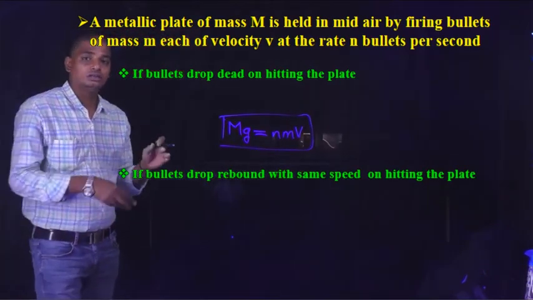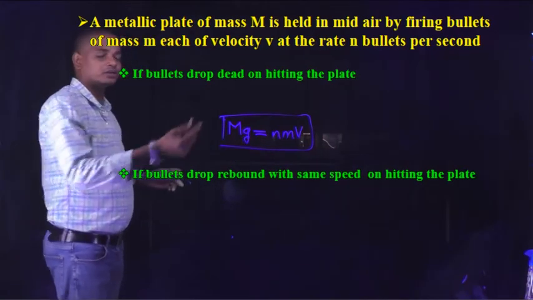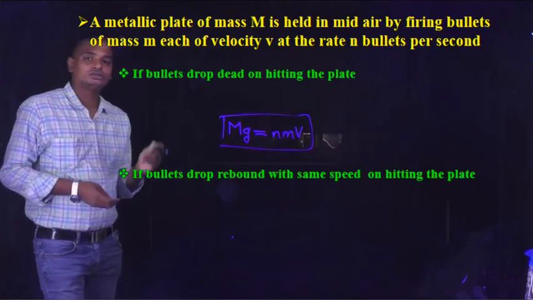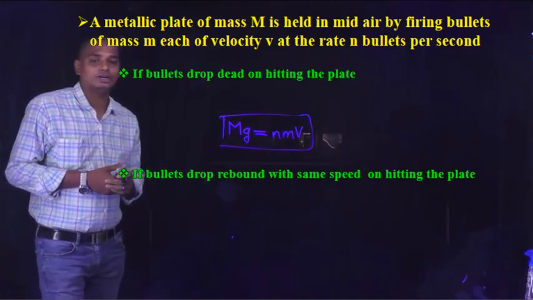To hold the metallic plate still in mid-air, mg, the weight of the body, should be equal to the force produced by firing the bullets, that is n into m into v.